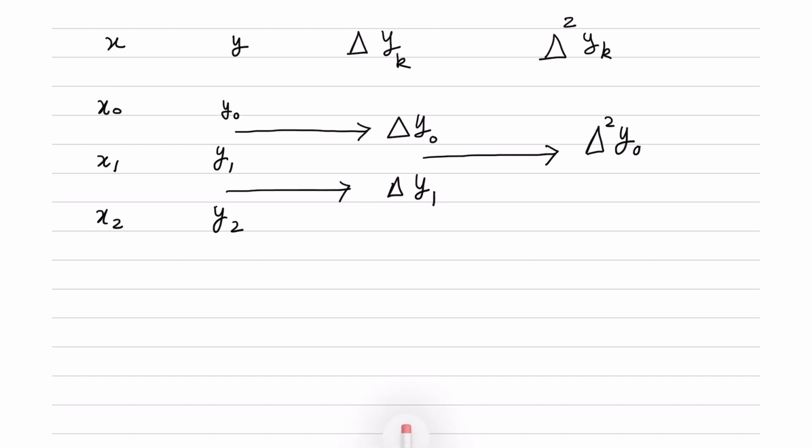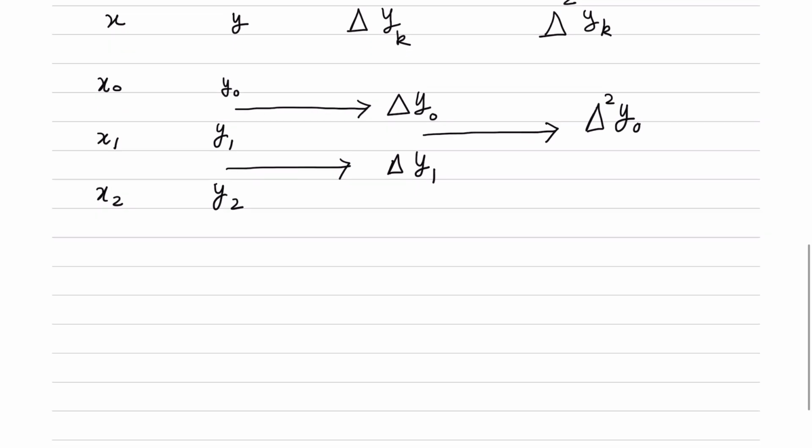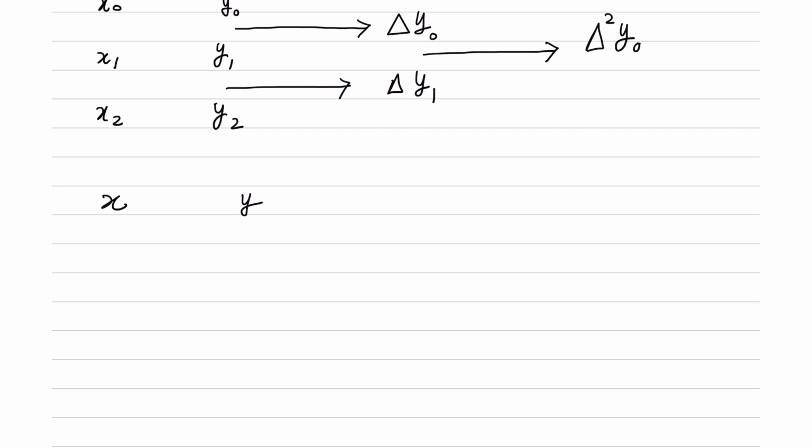Let's construct a forward difference table for our data. Let's say we have equally spaced data 2, 4, 6, and y values are -1, 0, 7. We'll name the columns later, but let's quickly construct the table.